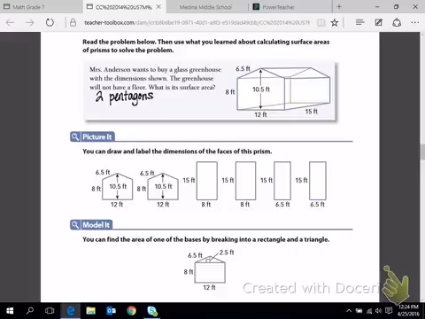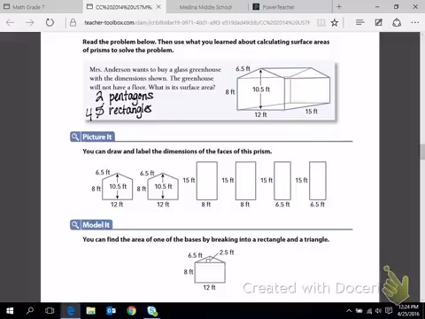And how many sides does a pentagon have? 5. So typically, if we're connecting 2 pentagons, then we would have 5 rectangles that connect them. But because we do not have a floor, we won't have 5 rectangles, we'll have 4.